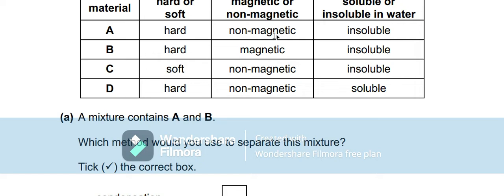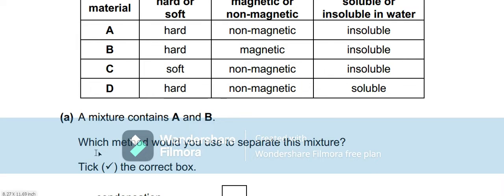A is non-magnetic, which means that it is not attracted to a magnet. And A is also insoluble, which means that it does not dissolve in water. Then I also go to B. B is hard. B is magnetic, which means that B is attracted to a magnet. B is insoluble. B does not dissolve in water.